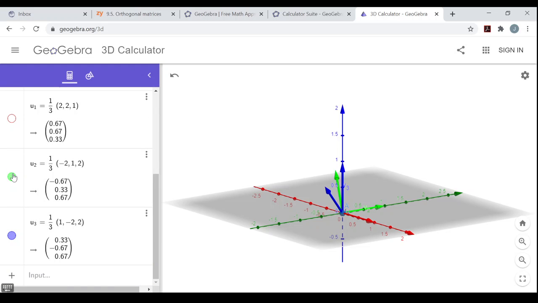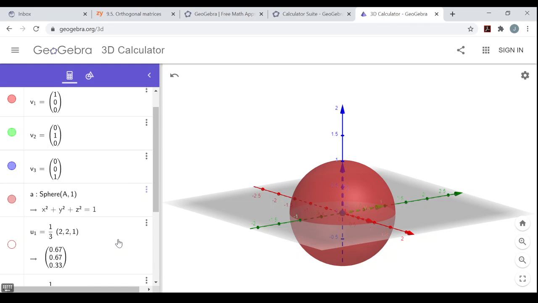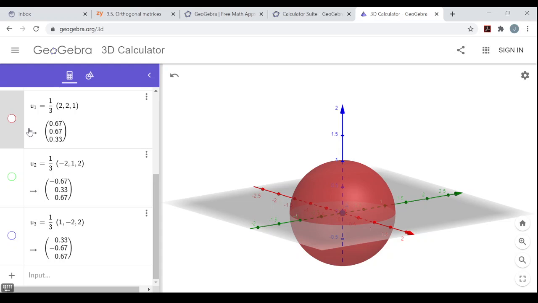If I get rid of these, remember all three point to some point on the unit sphere, every single one of these, and they form 90-degree angles with each other, the red and the green, the blue and the green, and the red and the blue. Well, take these away, and we'll see the three vectors they map to.